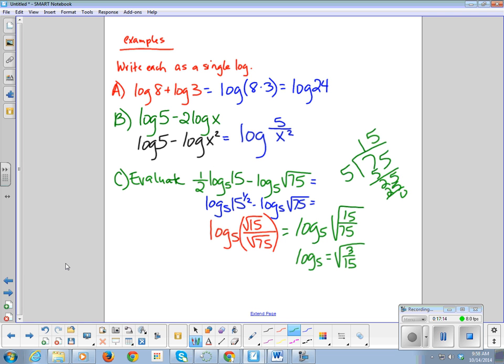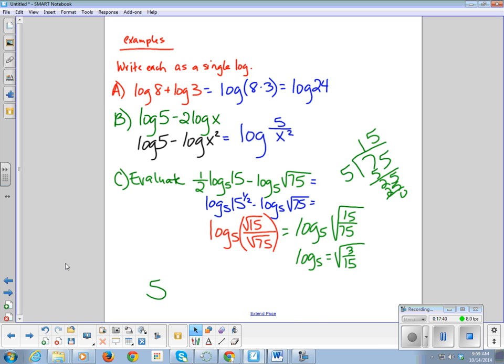So now I'm going to convert this back to an exponent. What's my base here? 5. I want to see if there's a better way to write this. Hold on.